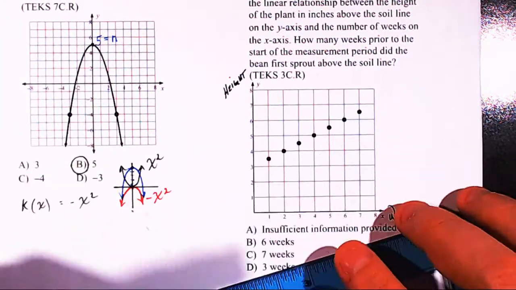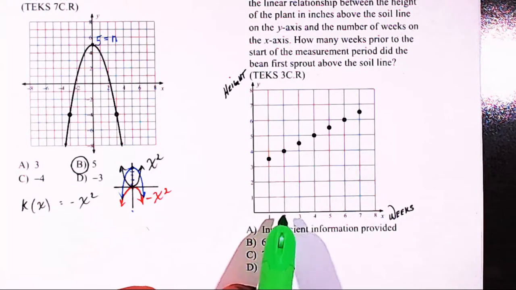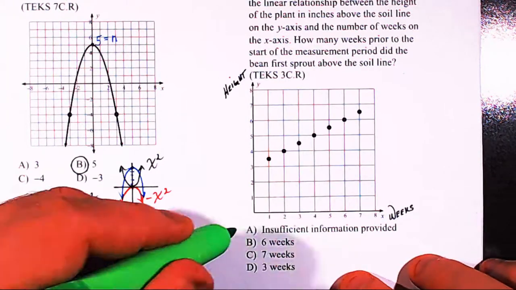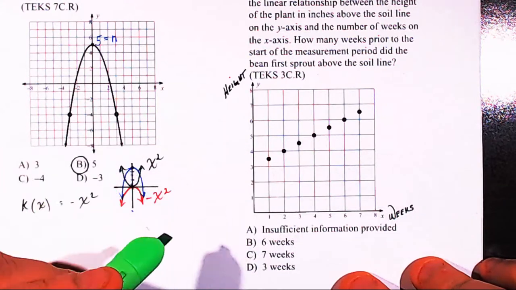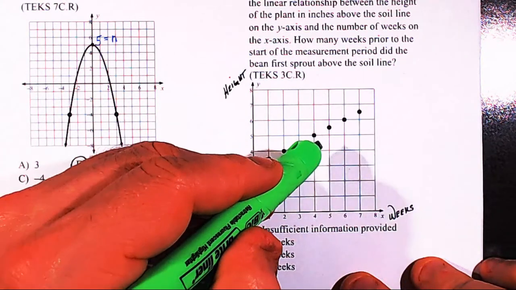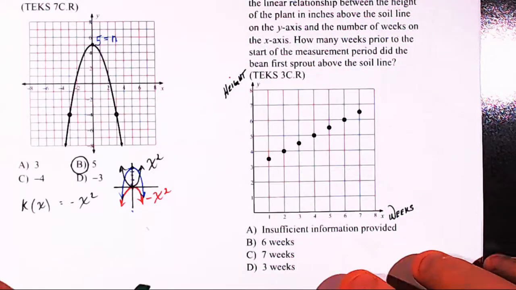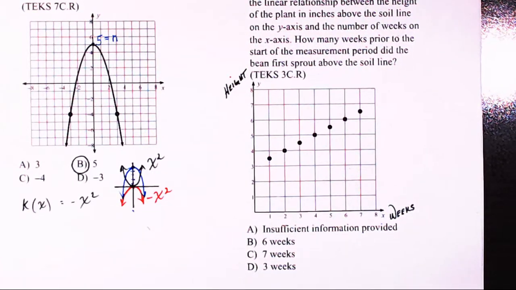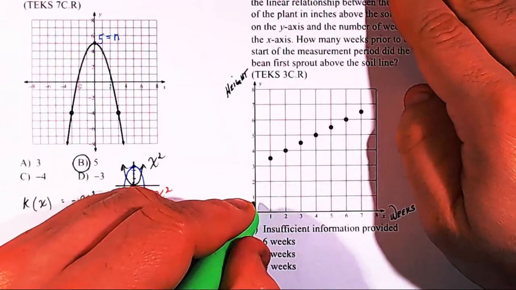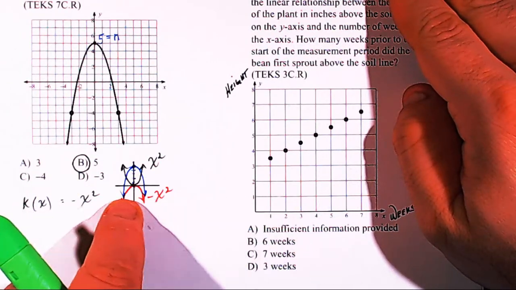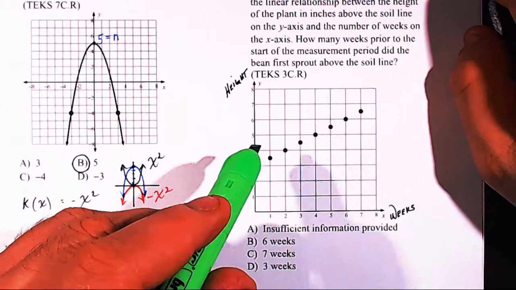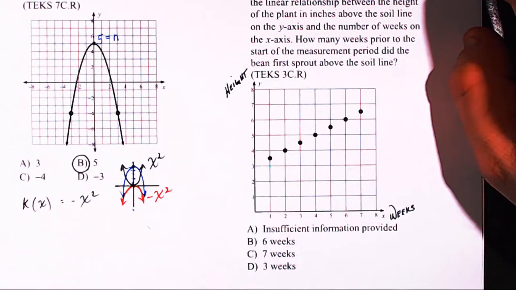Imagine that, because these are weeks. This is week 1, week 2, week 3, week 4, and this is the soil line, okay? Here's the height of the plant each week, so it's growing. Well, the question's asking us how long in the past, so to the left, into negative territory here on the x-axis, was the plant 0 inches tall.